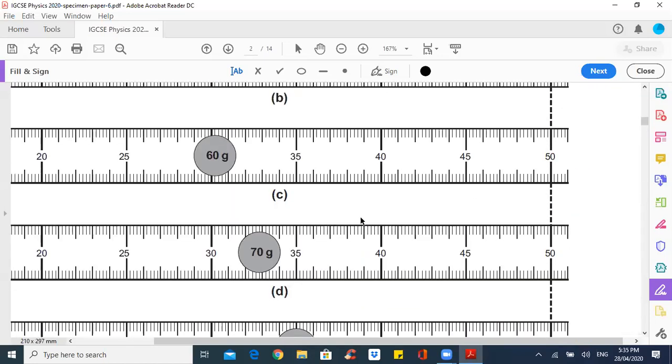Moving on again, we're going to the 60 now. So we're going to draw a line from the center for the 60.